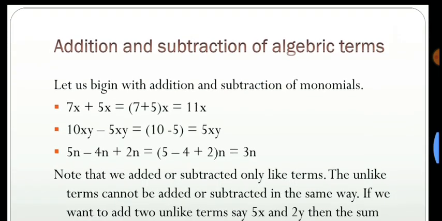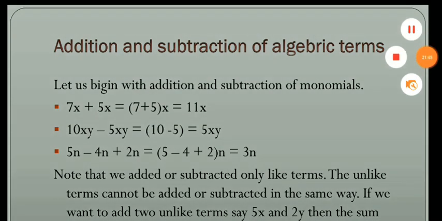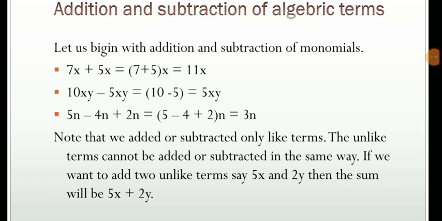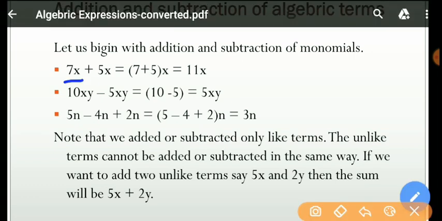Addition and subtraction of algebraic terms. Let us begin with addition and subtraction of monomials. You can see here I have added 7x and 5y. Simply you can add this 7 and 5. 7 plus 5 is what? 11. But a very great mistake was made by me.